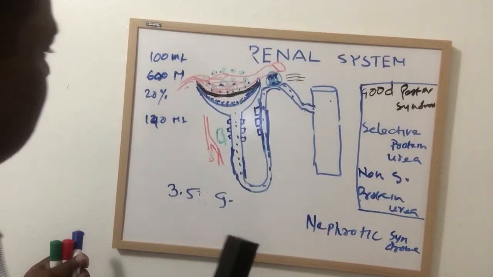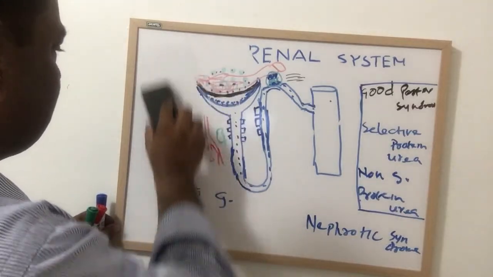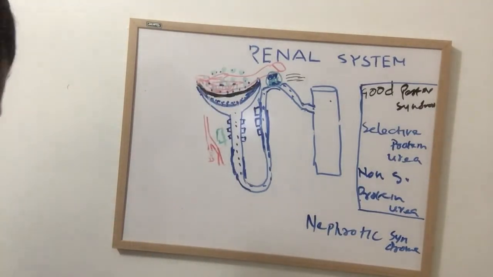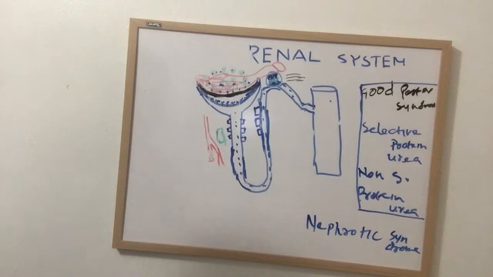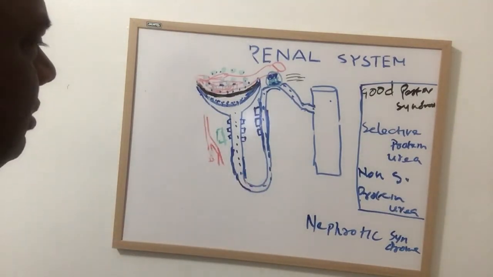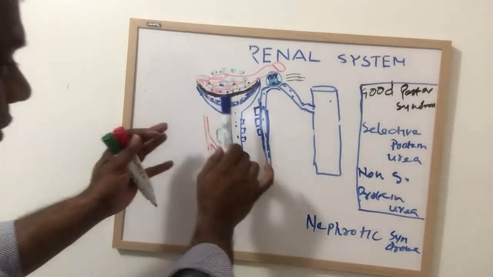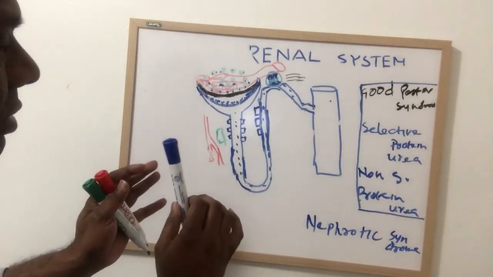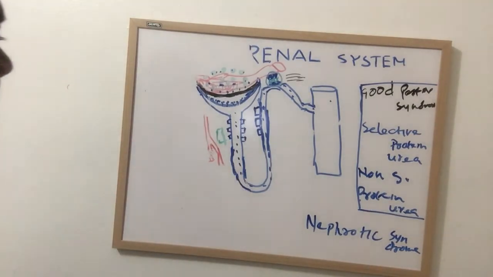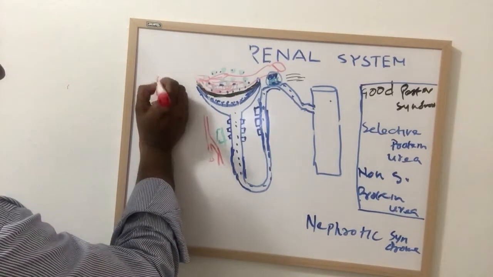On the other side, once these pores become larger, more bigger, more injury allows now larger components like RBC.